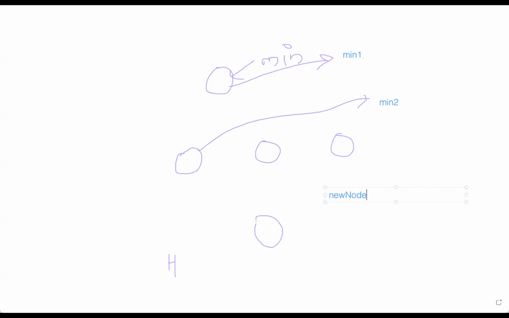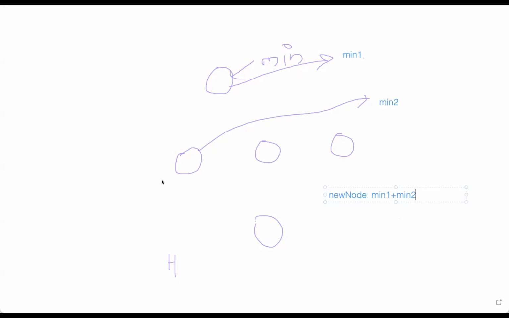The new node will now contain mean 1 plus mean 2. Okay, that we have already done in the example that we have seen. This new node is mean 1 plus mean 2, and like that it is going to add this one.